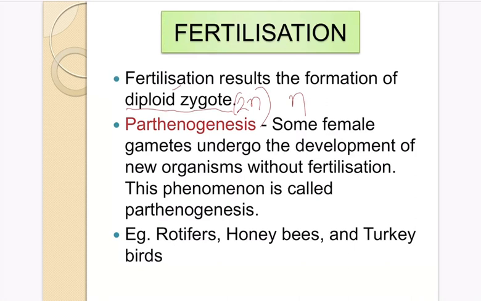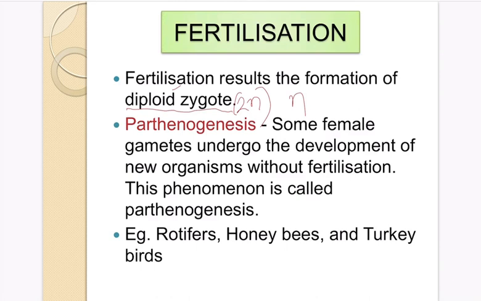Now basically syngamy is of 2 types with regard to the source of fusion of gametes. One is endogamy, that is self-fertilization. It involves the fusion of male and female gametes of the same parent. So, thus it is uniparental, one parent. Example, tapeworm, Taenia solium.